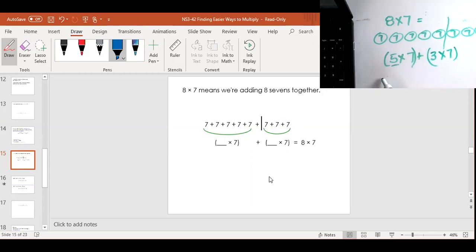And that altogether is the same as saying 8 groups of 7. So when you're doing your times tables, if you are having trouble with the 8s, and you know the 5s, which are usually pretty easy, counting by 5s, and you know the 3s, you could add them together. Or you could do the 4s and double it. So that's how it's making it easier. And it's also helping you to understand how this works.